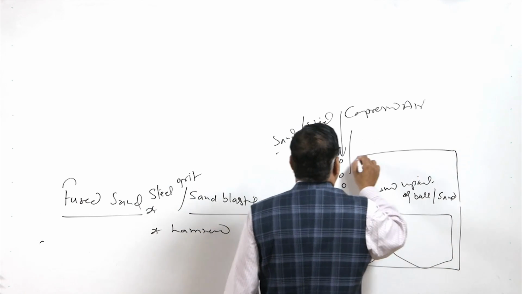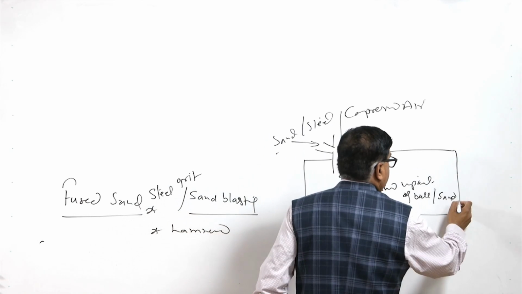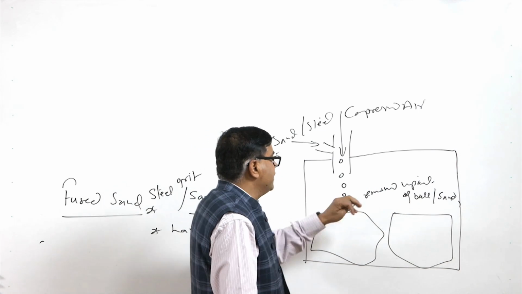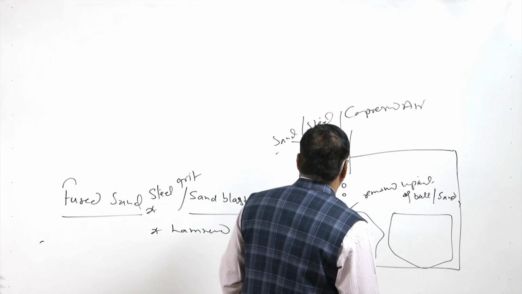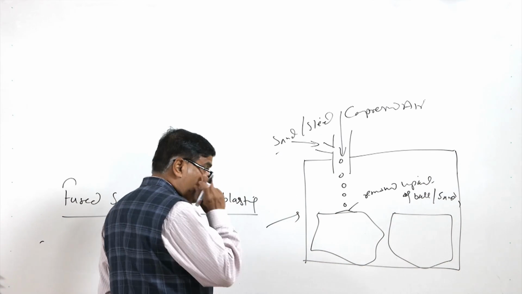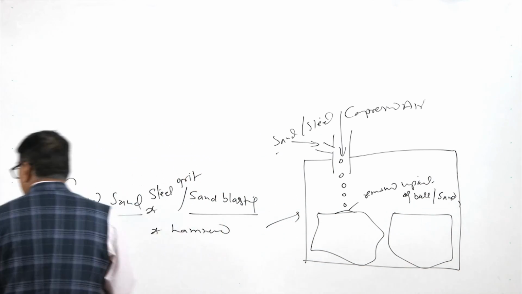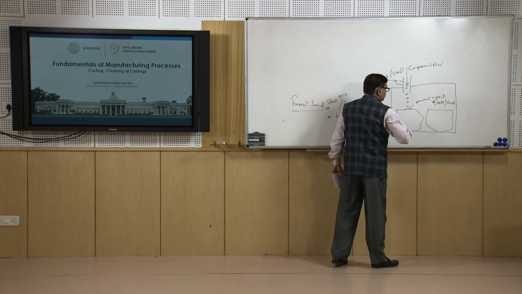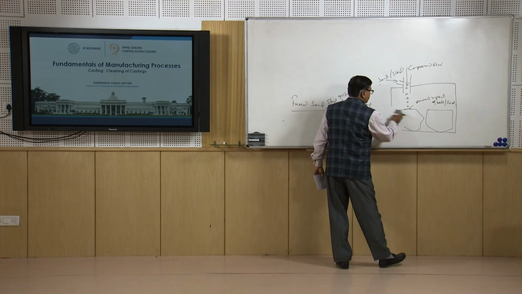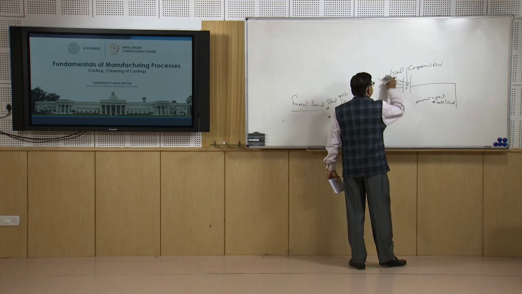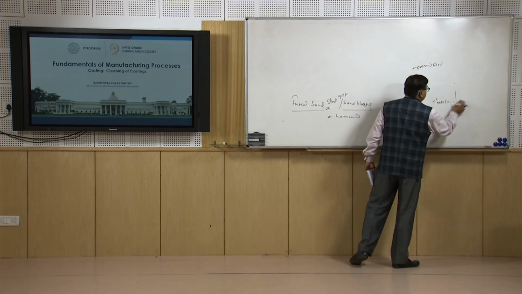The chamber is closed, so that whatever dust, dirt, everything which will be flying here and there, that will be within the enclosed chamber. But care is taken that the operator who is working in the sand blasting is protected properly in order to avoid any kind of harm to the worker or the operator who is involved in the sand blasting.